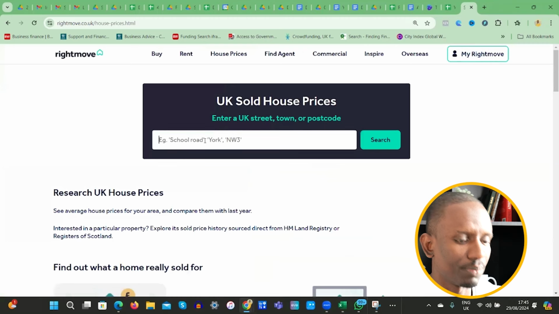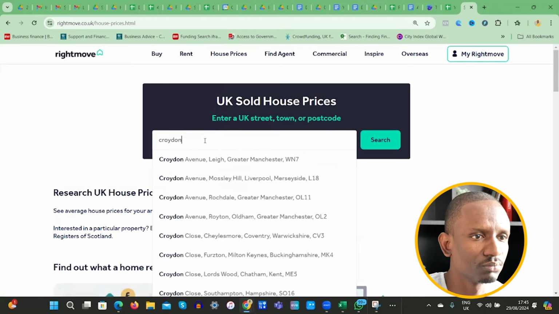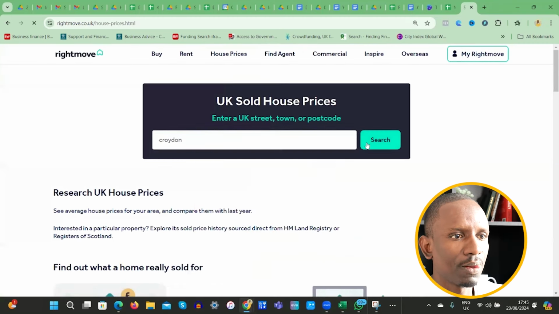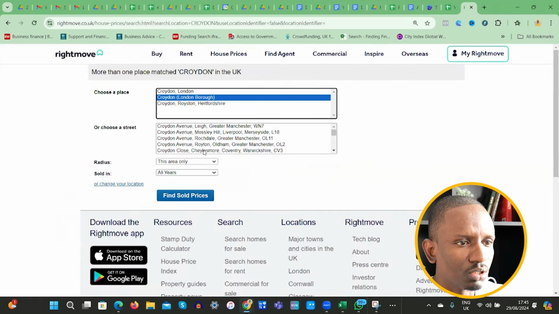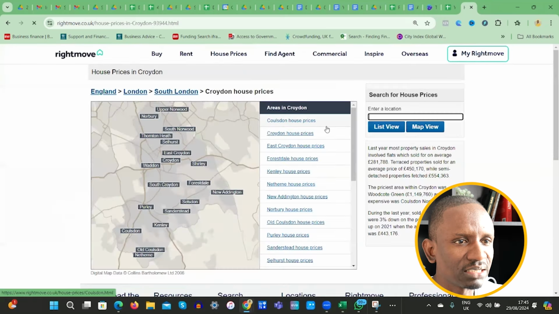We're going to type Croydon. We hit Croydon, and then we want Croydon, London Borough, because that's where we're at, and let's just choose Croydon house prices. Once we choose Croydon house prices, it brings up the average house price and how much all these houses or apartments are sold for in Croydon.